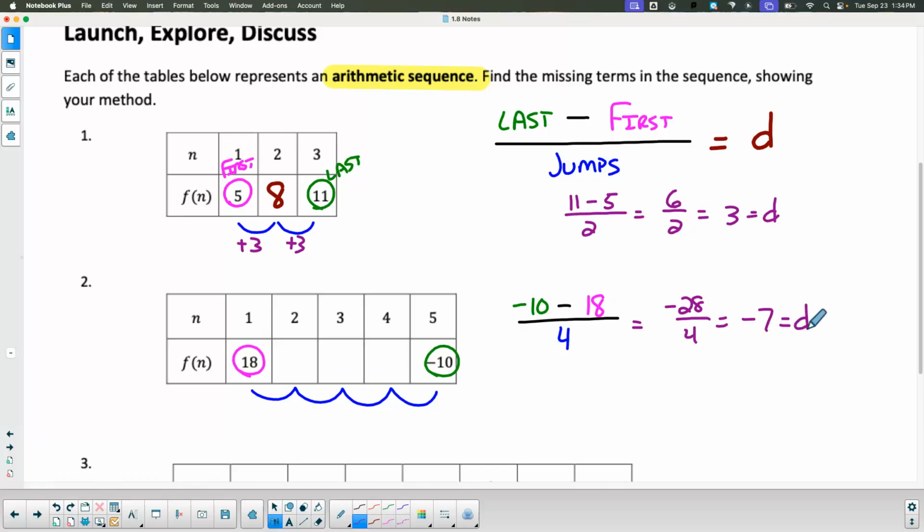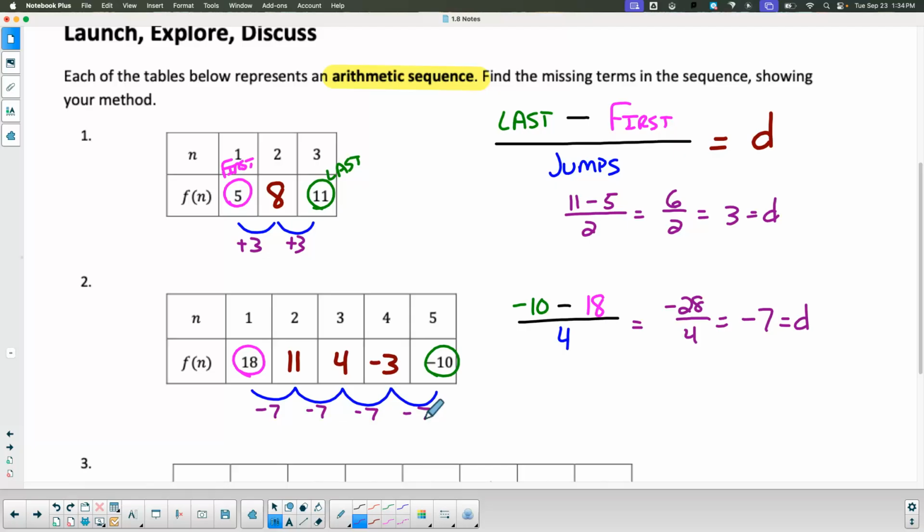So negative 7 is my D, so I'm subtracting 7. 18 minus 7 is 11. 11 minus 7 is 4. 4 minus 7 is negative 3. Negative 3 minus 7 is negative 10, which is what I needed. With me? Questions, comments, concerns, clarifications?